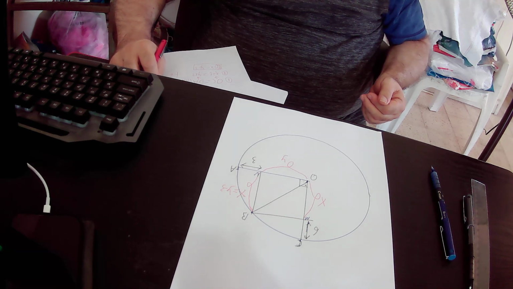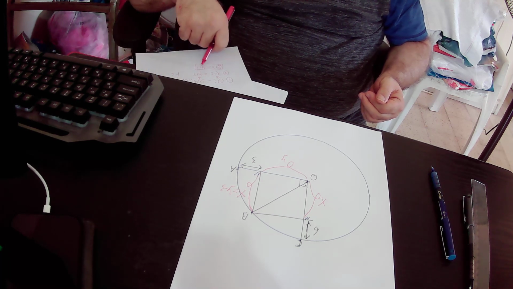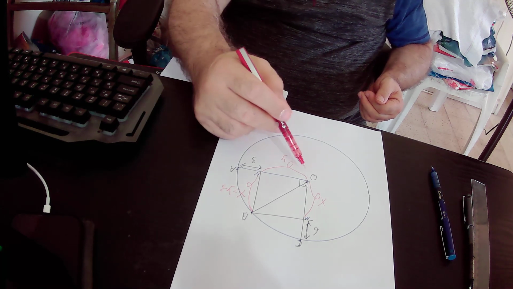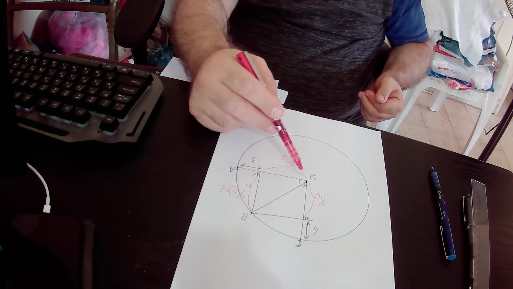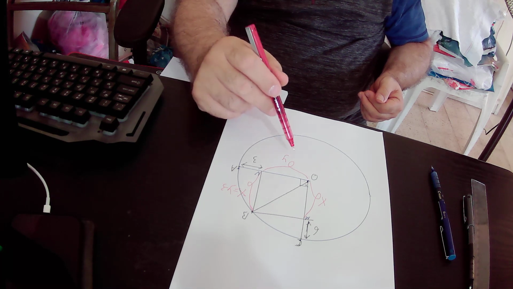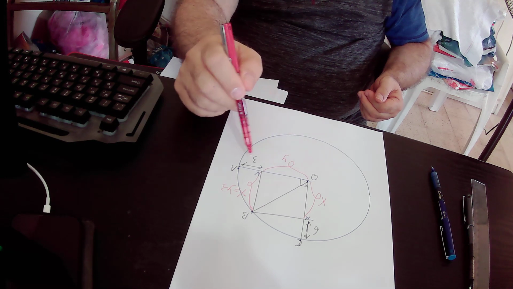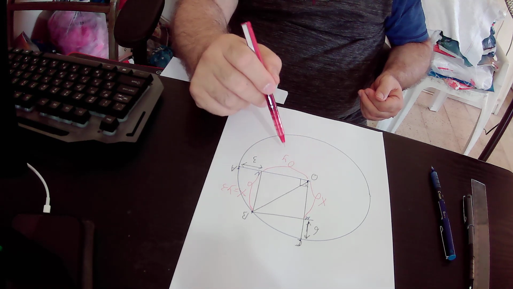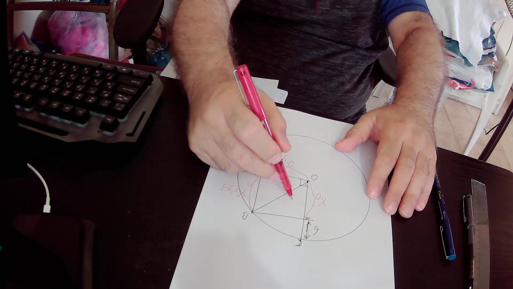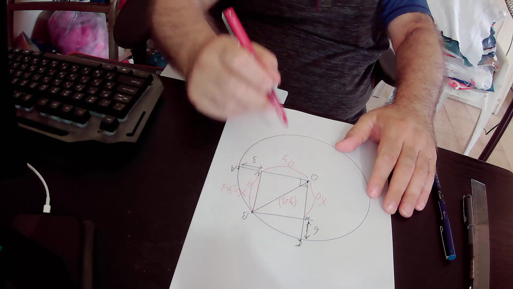OB is the radius of the circle, and the radius of the circle is also OA, which equals y plus 3. So OB also equals y plus 3.